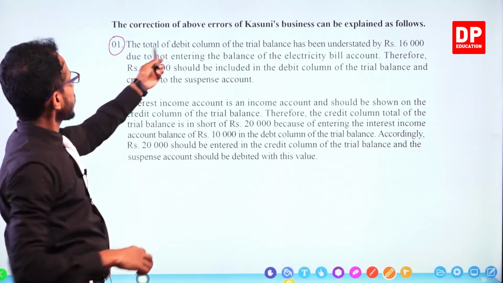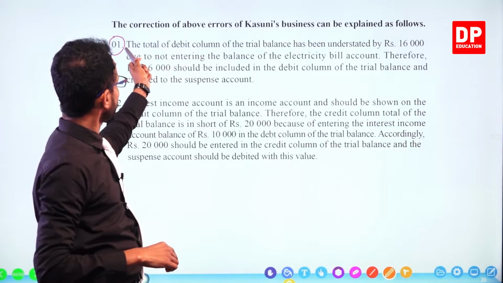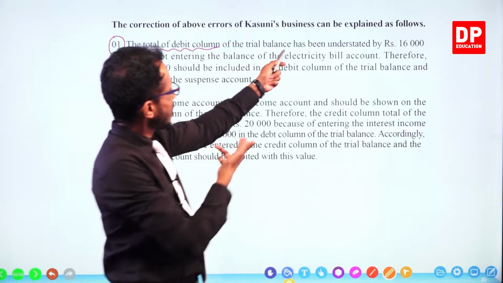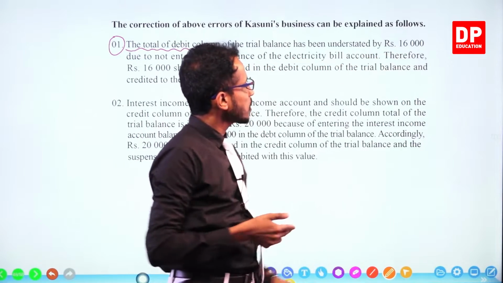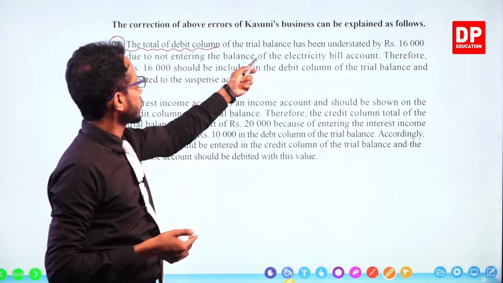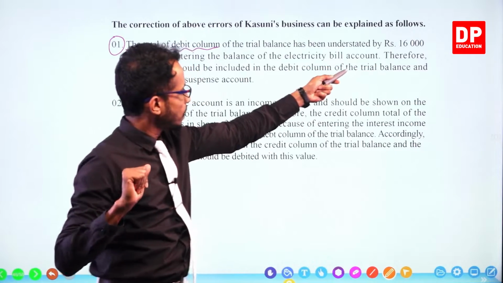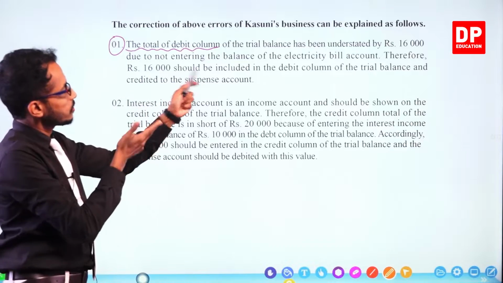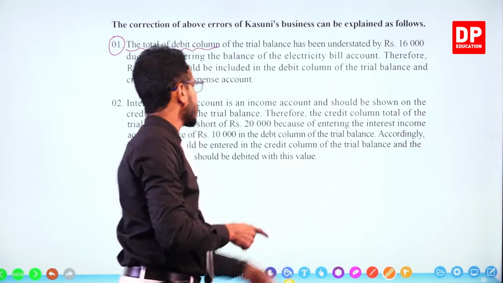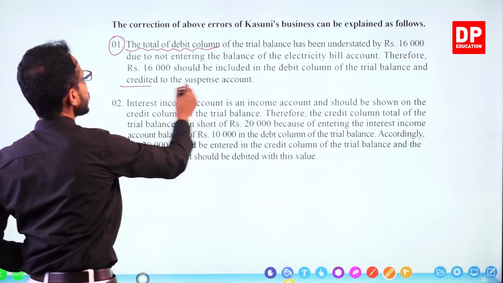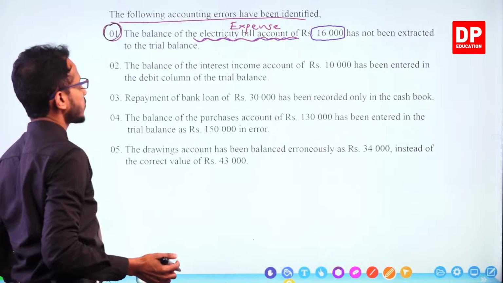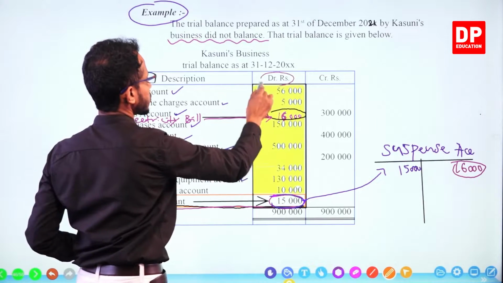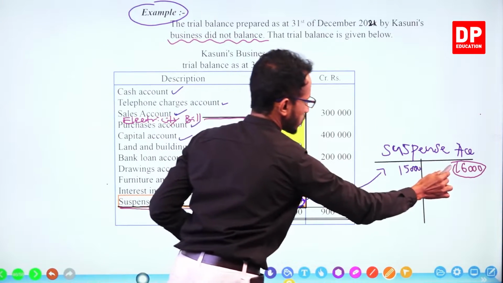The total of debit column of the trial balance has been understated by 16,000 because of not entering the electricity bill account balance. Okay. Therefore, 16,000 should be included in the debit column of the trial balance and credited to suspense account. That's what we did.